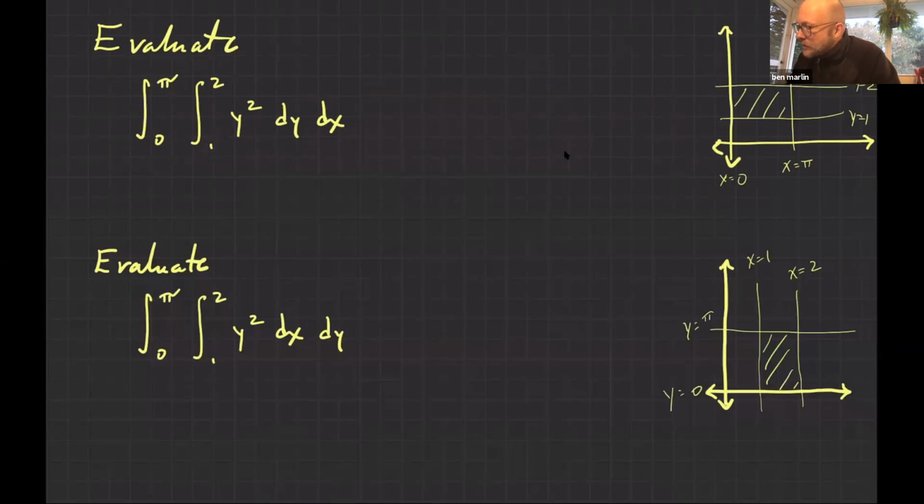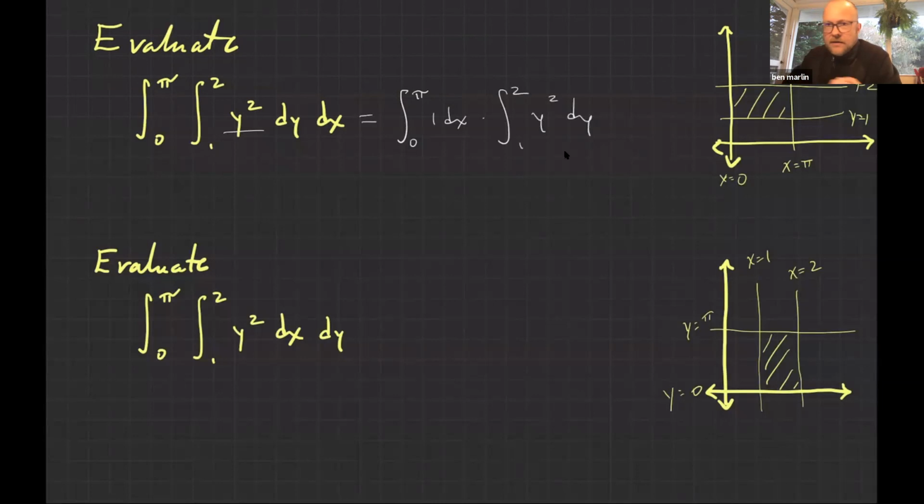All right, so the observation that you're going to see is, if the function that is inside can be factored into an x part and a y part, then you can break it up and say integral 0 to pi of the x part, so there's just the 1 dx, times the integral 1 to 2 of the y part, right?